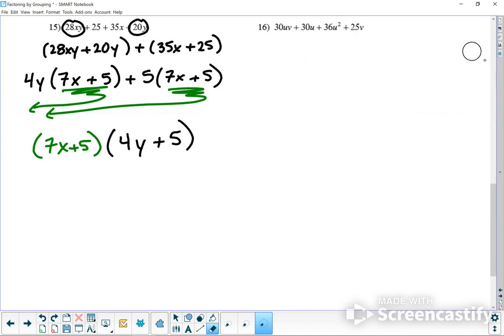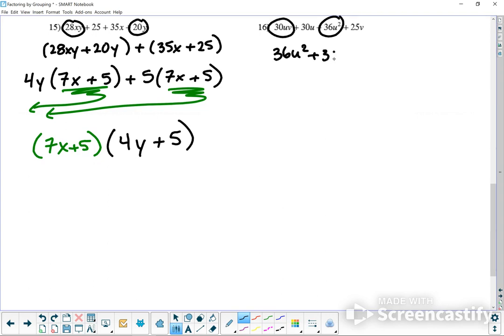So grouping in another fashion, I'm going to go ahead and put 36u squared along with a 30uv. Okay, let's see if that works. Yeah, they both have u's.